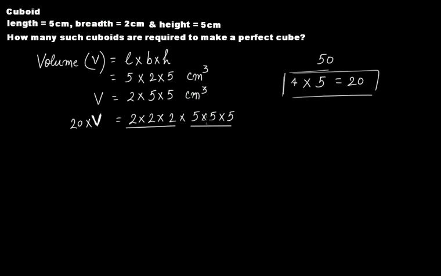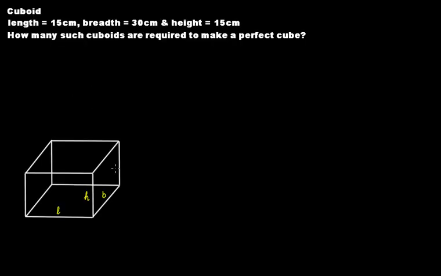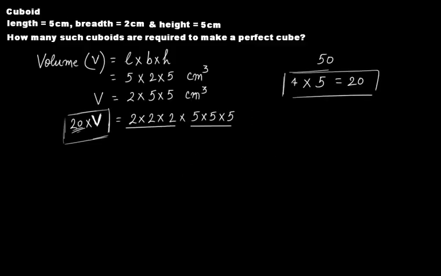So basically you have increased the volume of the cuboid 20 times in order to make it a perfect cube. It means that you have used 20 such cuboids. Here the dimension measurements are different, but assume that you are using 20 cuboids of these, with length 5 centimeter, breadth 2 centimeter, and height 5 centimeter, in order to make it a perfect cube. So in this question, the answer is 20.